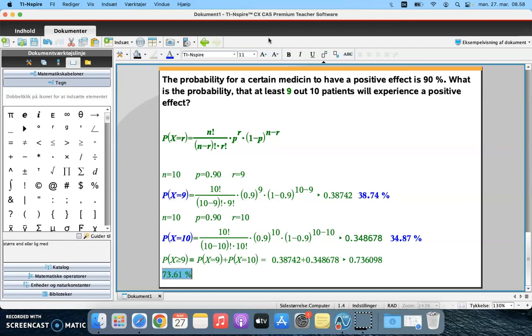There you go. So this here is actually the probability that at least 9 patients will recover if the probability for a certain medicine to have a positive effect is 90%.